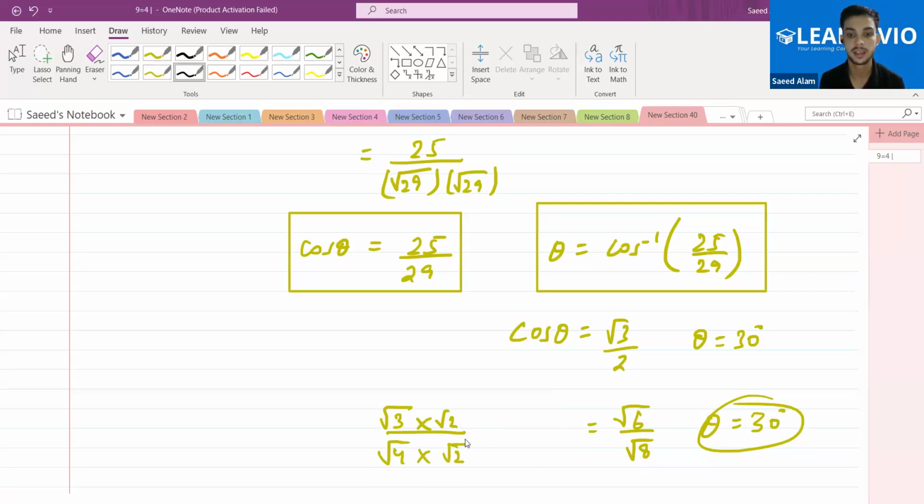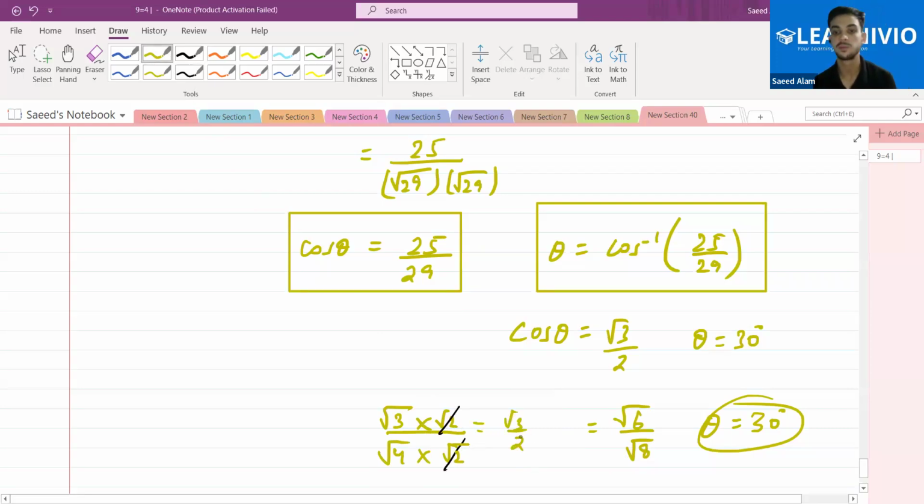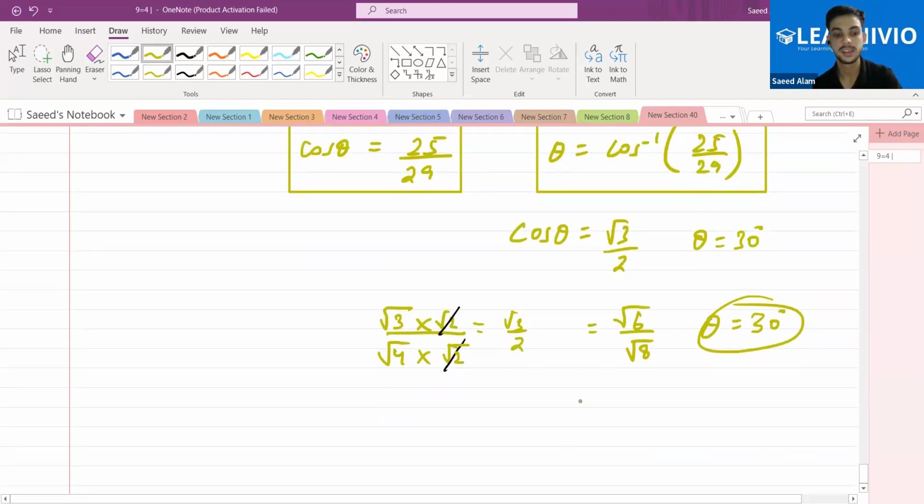You can then cancel out this root 2 and root 2, and you will end up with root 3 by 2 only. So this is how actually we were calculating the angle between the two vectors. Yes or no? So this is how we calculate the angle between them.